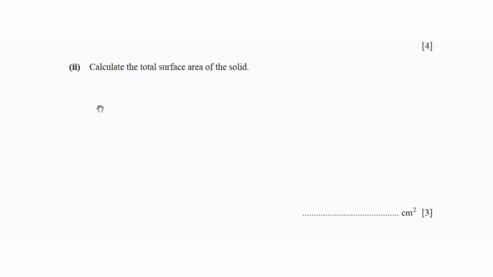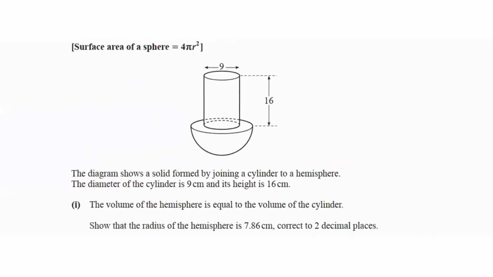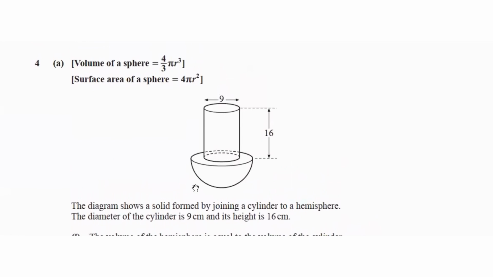Then it says calculate the total surface area of the solid. So to calculate the total surface area, first look at the surfaces that we have. Let's start with the sphere first. Sphere has a total surface area of 4 pi r squared. Hemisphere will include this and this. So let's start with finding the area of this part first.